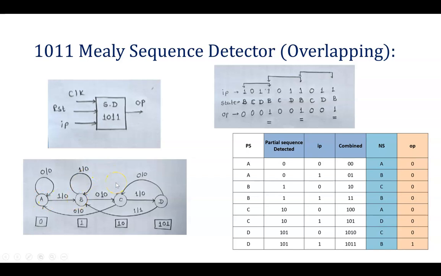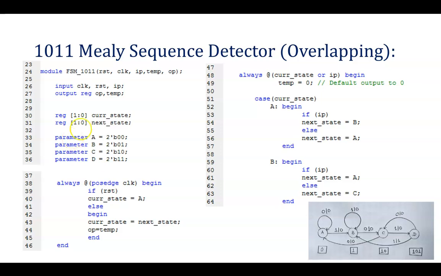That's why you need to consider a user defined data type, that is parameter, over here. Now, why have we taken this as a range, 1 to 0? Because you have four states, A, B, C, D, and if you need to define them using 0 and 1, you require 2 bits: 00, 01, 10, 11. That's why 2 bits are defined using this range 1 colon 0, for the current state and next state.